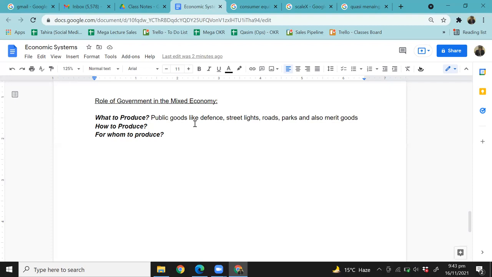So in the question of how to produce, the government will try creating more jobs, and in the process they are more likely to be labor intensive. Now, this is a new word for you. Some of you might not be familiar with it. Labor intensive means you're using more labor rather than machines.